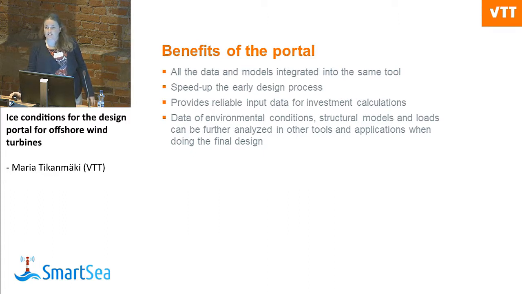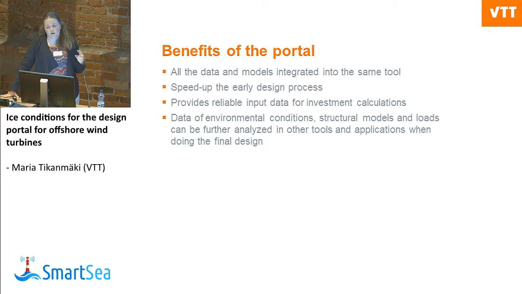The ice condition data is an important part of the portal, because that's what causes the biggest loading to a turbine in the Baltic Sea, where there is sea ice.